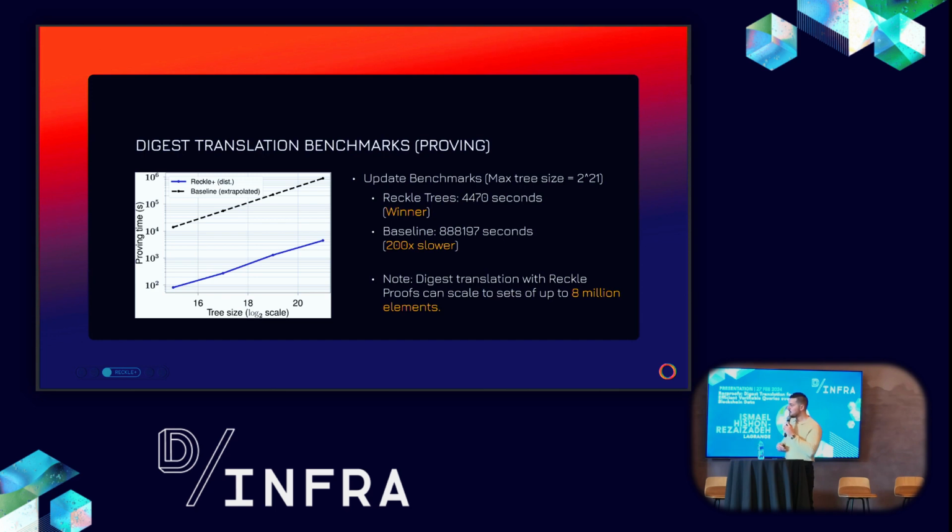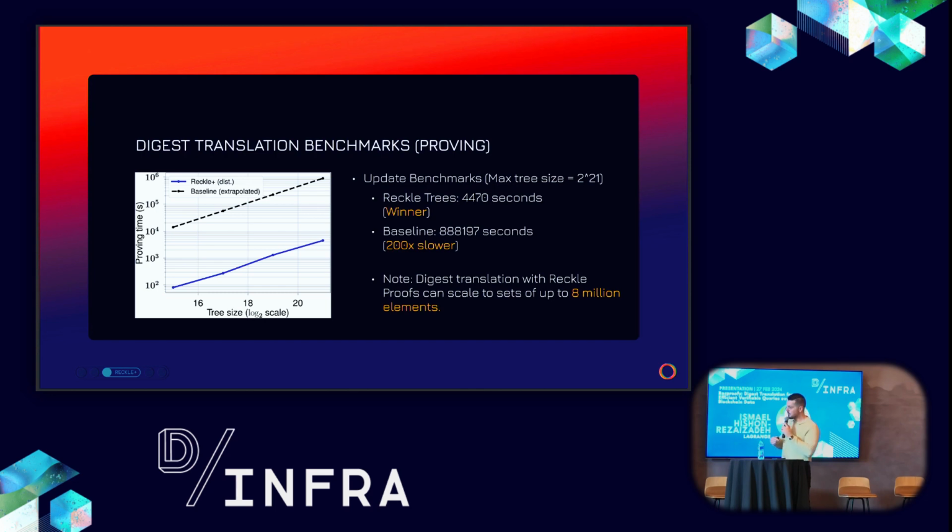Because our Reckle tree construction is parallelizable and can be distributed very naturally, we are up to 200 times faster than the baseline on proving and on aggregation. Another very important note to mention here is that digest translation over Reckle plus trees can extend to far larger tree sizes without reaching memory constraints than you would traditionally see if you were trying to construct this all in a monolithic circuit.